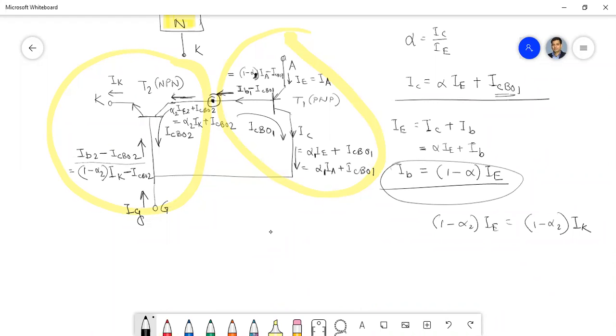What we can write? So we can write alpha 2 IK, not IE2, better to write IK. So alpha 2 IK plus ICBO2 equals to what?